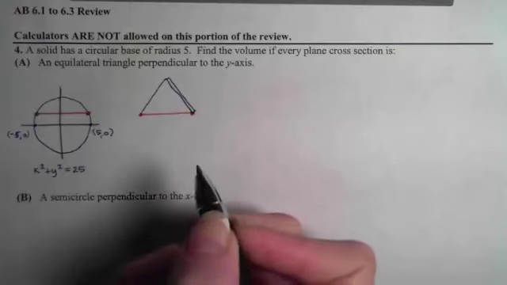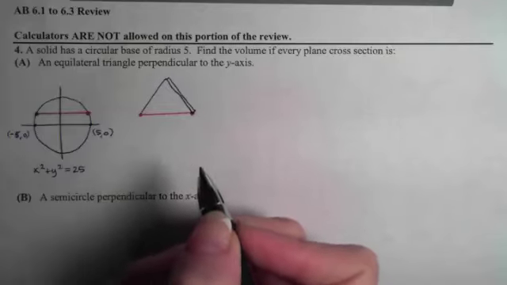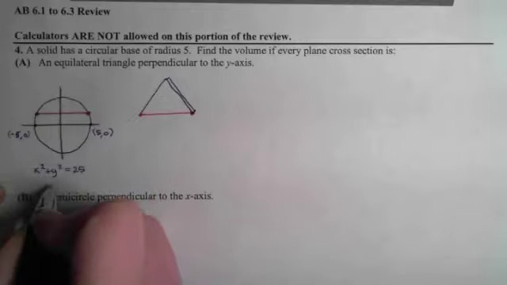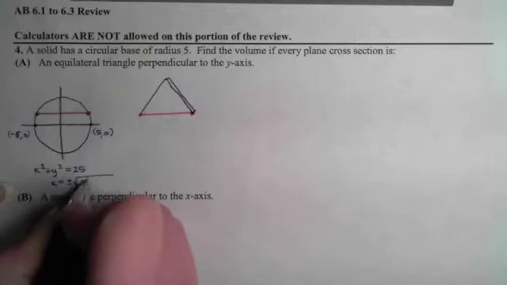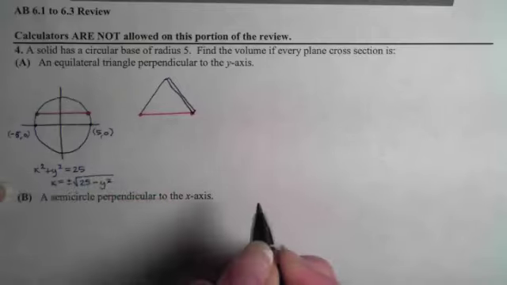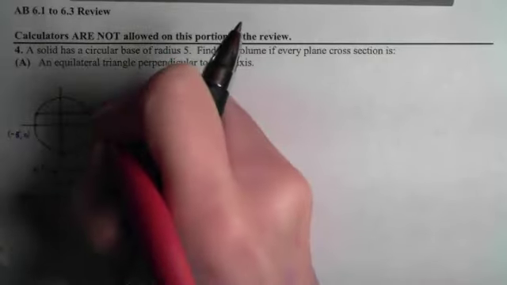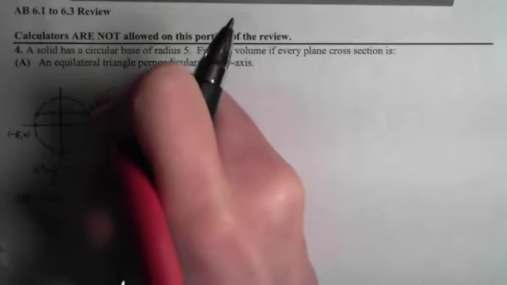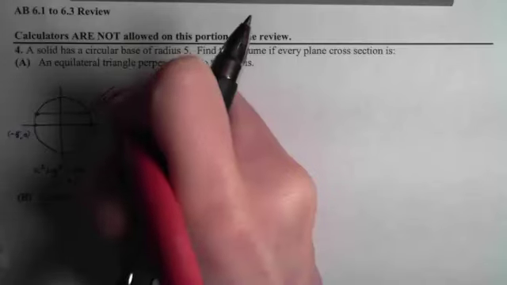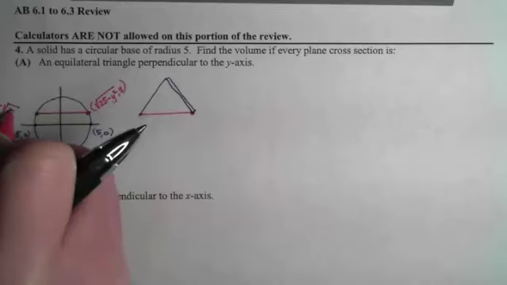Because we've cut horizontally, we want to have that strip labeled with y's, so I need to isolate the x's so that I can replace x's with y's. x is going to be plus or minus the square root of 25 minus y squared. So if I label this here, my y coordinates are the same, and this one is the positive root, whereas this one over here is the negative root.